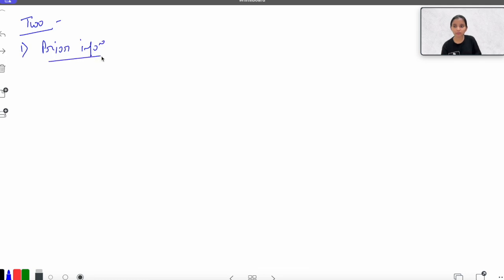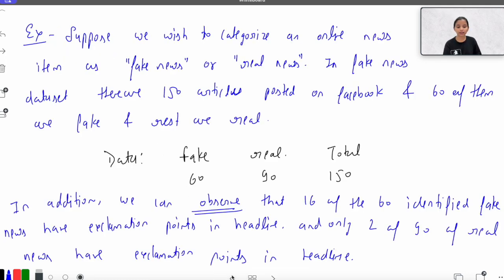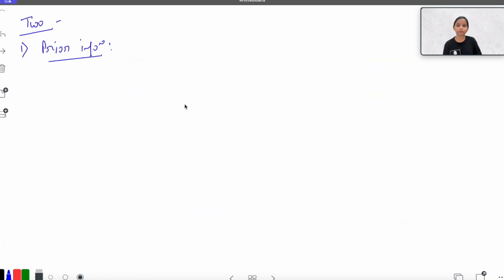The prior information suggests that 90 out of 150, that is 60% of articles, are real. That means if a new article comes out, I can consider that there is a 60% chance that it is a real article, right? So the new article is most likely to be real.